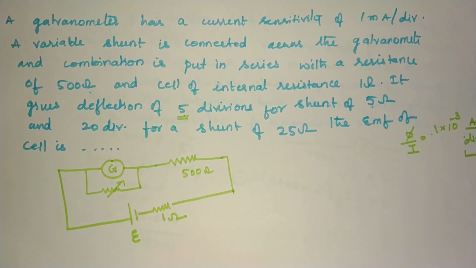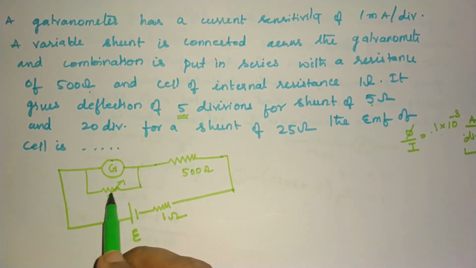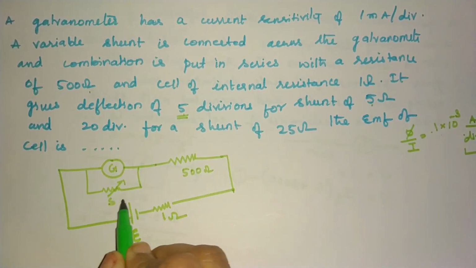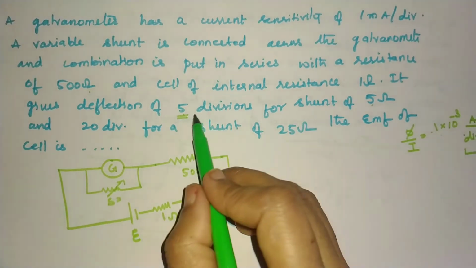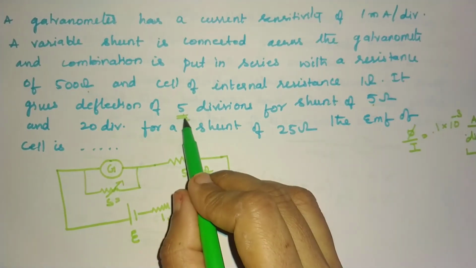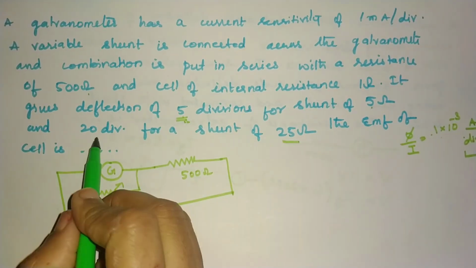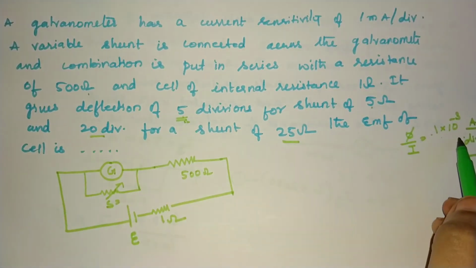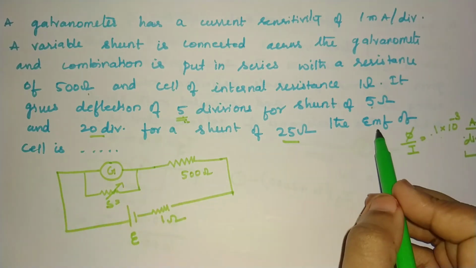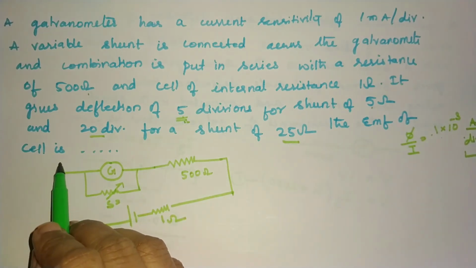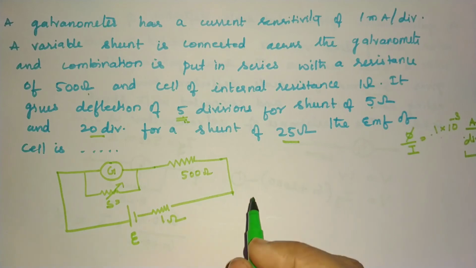Okay, we do not know what is the galvanometer resistance. So when shunt is 5 ohms, S is equal to 5 ohms, it is giving 5 divisions. And when you are connecting a shunt of 25 ohms, it is showing you 20 divisions. That means 20 milliamps. With this data, they are asking you to find out the EMF of the cell. So I will give 2 equations for it.